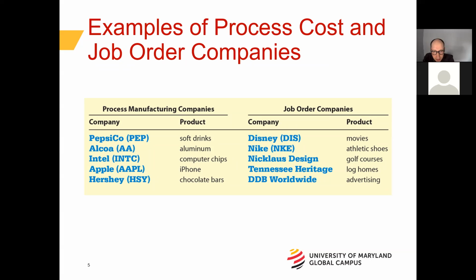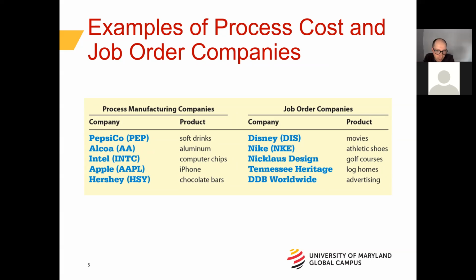And you can see a trend, right? You can kind of get an idea of the type of companies that are processors. Pepsi, Coca-Cola, Alcoa, all of the oil companies, all of the gas companies, Intel, Apple, Hershey's.